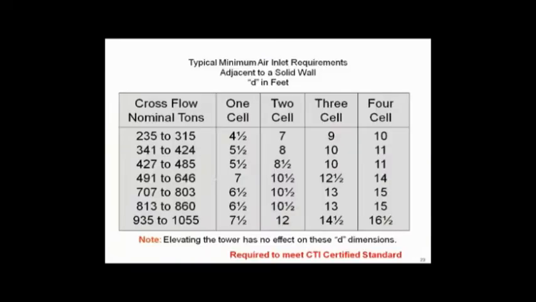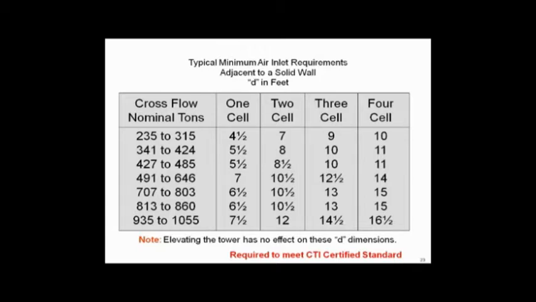So there is a minimum D distance away from a building the tower has to be in order to have the CTI rated capacity. In our particular example, remember we had 3 500-ton cells. So this would only apply to a specific brand. So whatever brand of tower you have, you have to go to that specific vendor to see what these dimensions are.